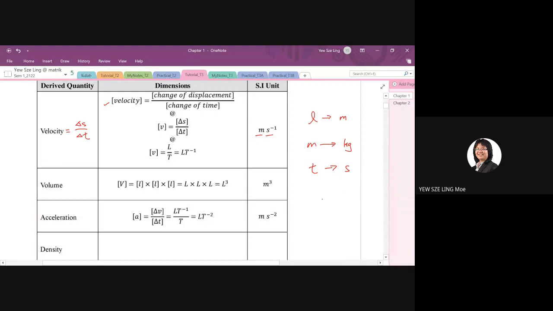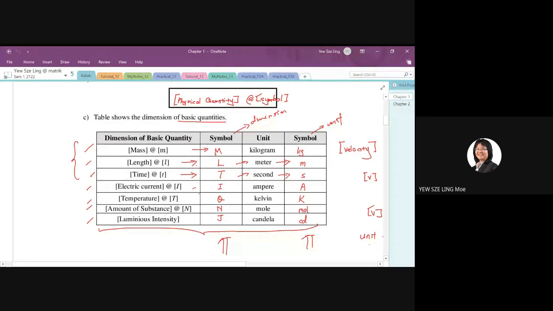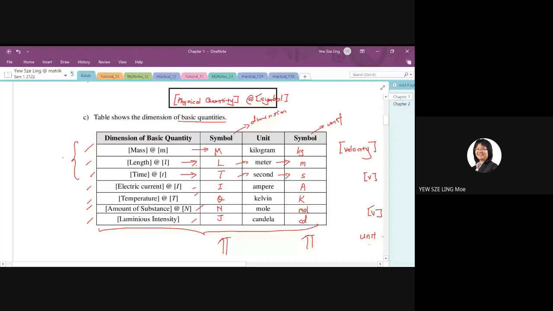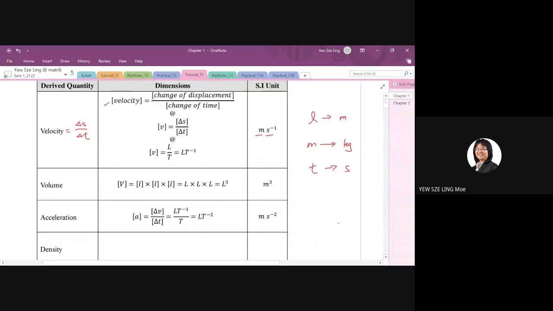Of course, there are the other four that we have seen in the lecture: electric current, temperature, amount of substance, and luminous intensity. But today we're just going to focus on the first three: mass, length, and time.